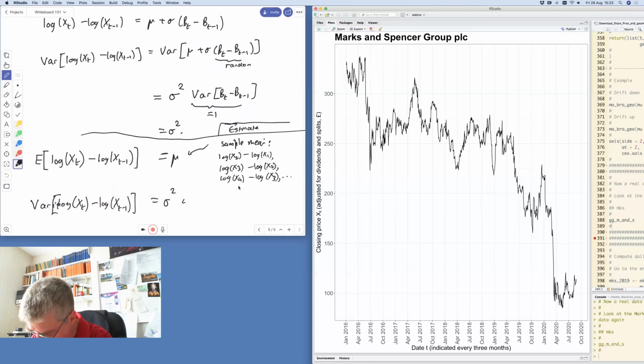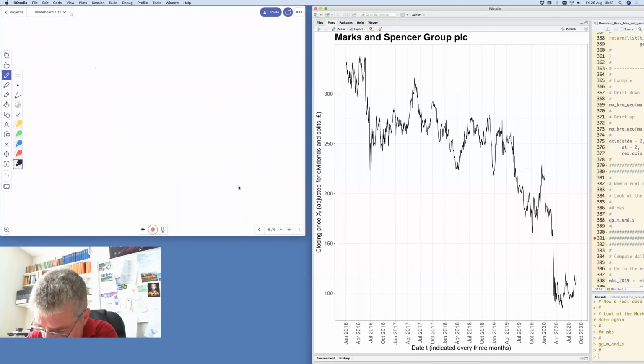Similarly, we can estimate the sigma squared by taking the sample variance of those quantities. So we can estimate both of the parameters of our model. Okay, so we've shown by the above argument that the expected value of log xt minus log xt minus 1 is equal to mu, and the variance of that quantity is equal to sigma squared.